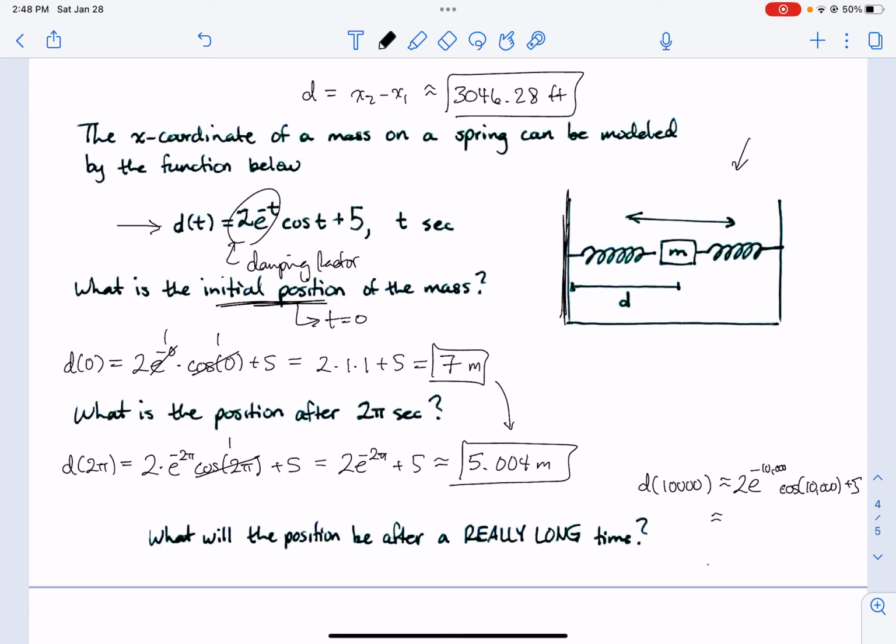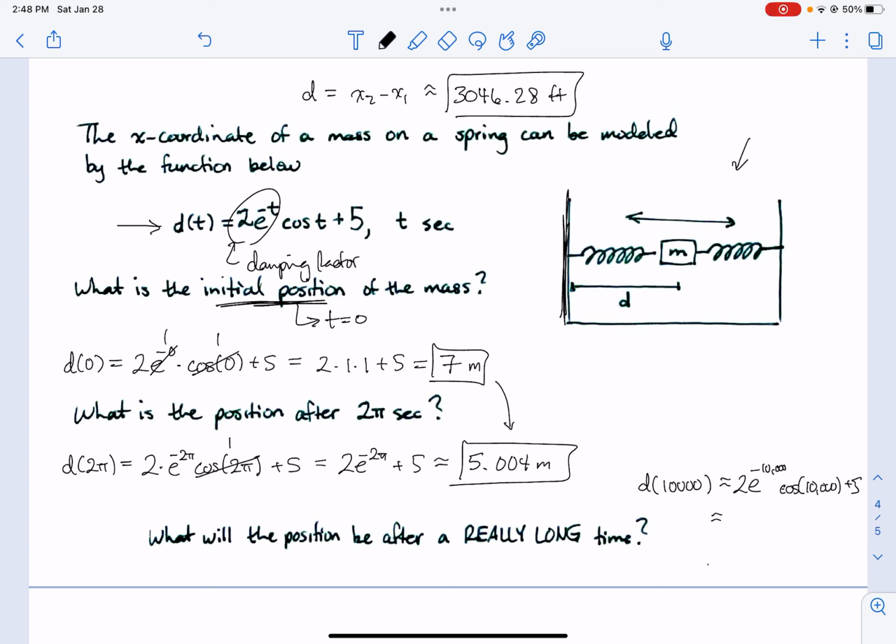So let's see what we get here. 2 times e to the 10,000 times cosine of 10,000 plus 5. It looks like we have an overflow here. We might have to use a smaller number. Let's go ahead and make it 1,000. See if that works. Oh, still an overflow.